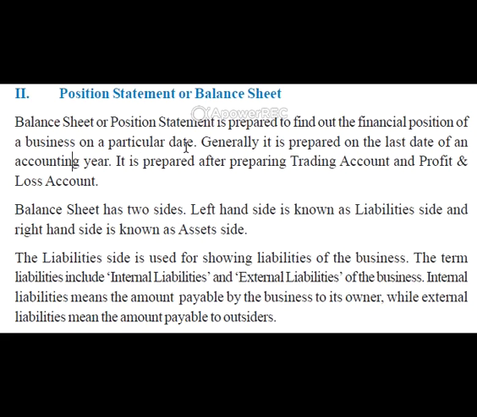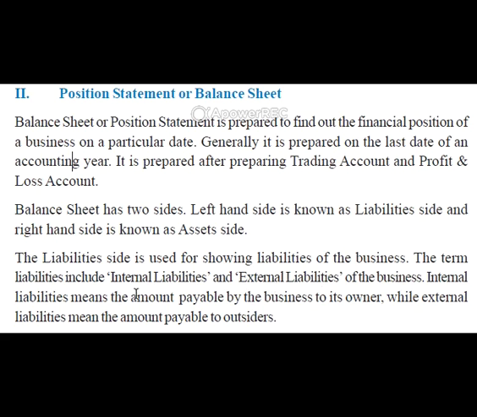So businessmen want to know the financial position of the business. That's why after the profit and loss account, he prepares the balance sheet. In the balance sheet, on the debit side he shows liabilities, and on the credit side he shows assets. On the debit side, he shows liabilities as internal liabilities and external liabilities.